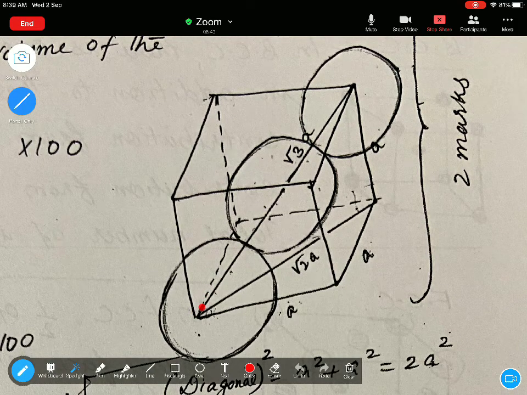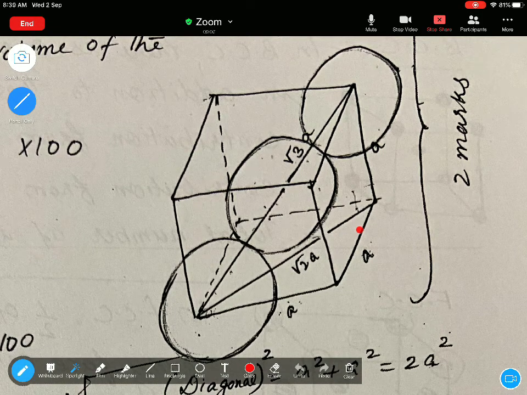The central ball is in contact with this corner and that corner. This is R, this much is 2R diameter, and this much is R. So altogether R plus R plus R plus R, 4R, is equal to root 3A.